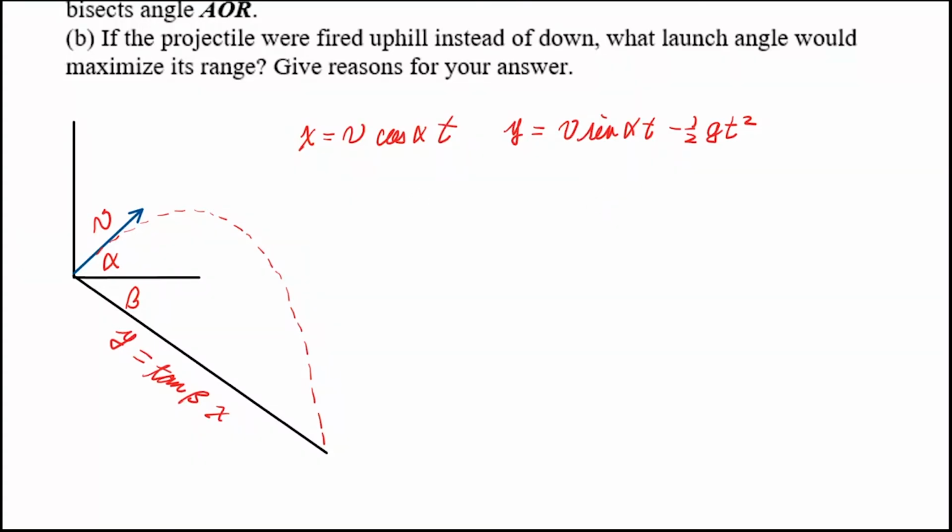Okay, so we have this. Let's just write it down and think about it. Y is equal to tangent beta X, okay? Let's stare at these things. What does it look like? What are we looking for? We're looking for this point, right?